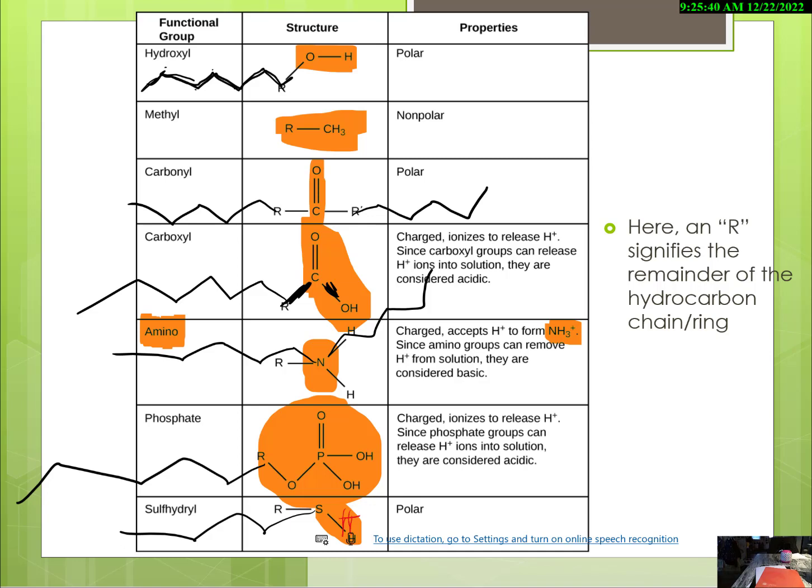So I do encourage you to get familiar with these functional groups, but not to be terribly bogged down and overwhelmed with them. They are important because their presence kind of dictates how our biology and our physiology can act. But this is not a chemistry course, so please keep that under consideration.